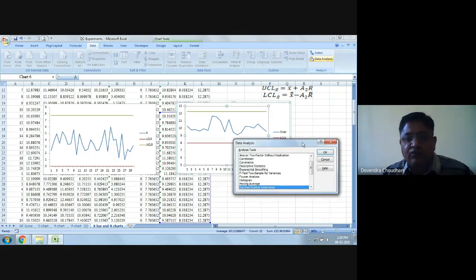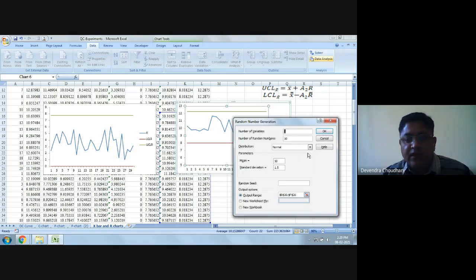So first we assess the impact of shift in mean. My mean earlier was 10, I make it 11, or you can say 10.5. So my mean has shifted upward. By how much? By 0.5 mm.